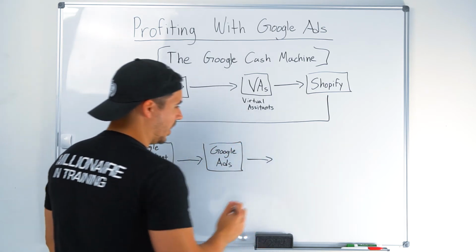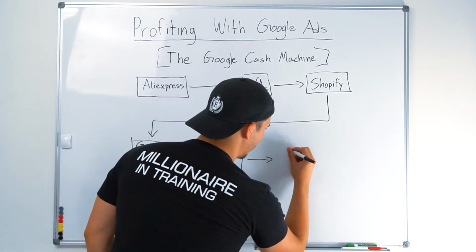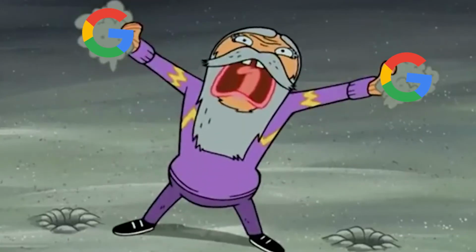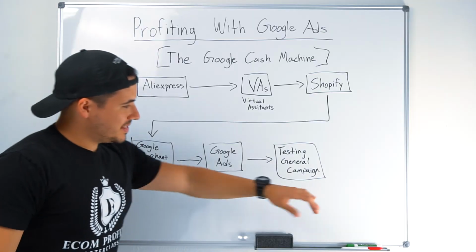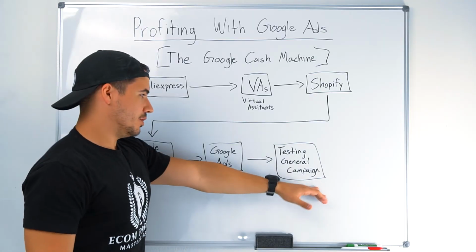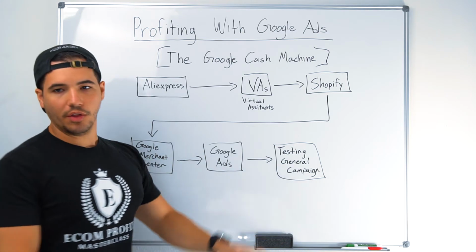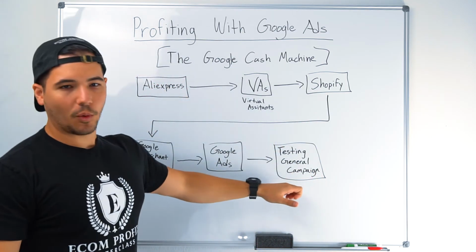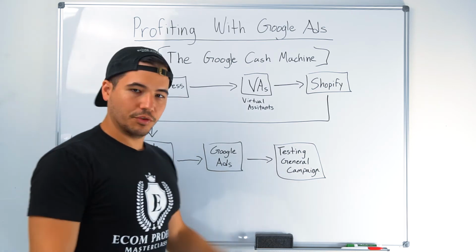We go into our general testing campaign. The power within Google Ads is right here in the general testing campaign. This is where we extract all the pros and cons that we were just talking about, Facebook and Google. This is where we extract all that value from Google, okay?